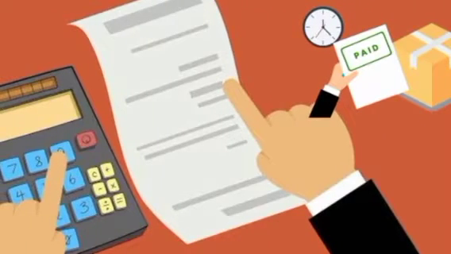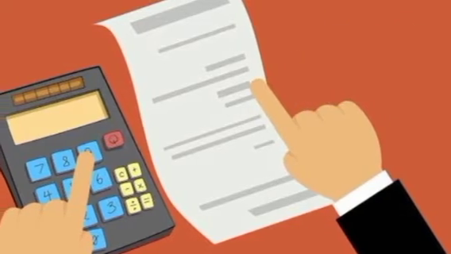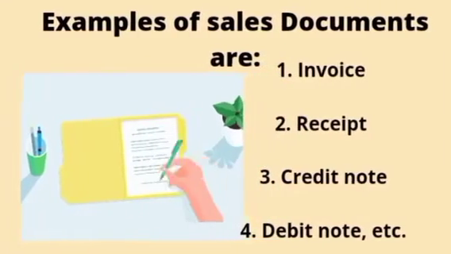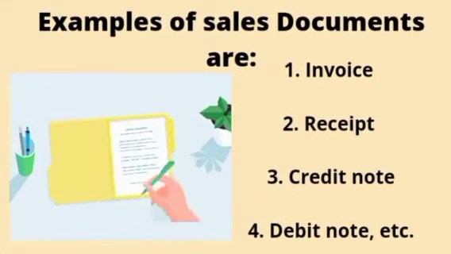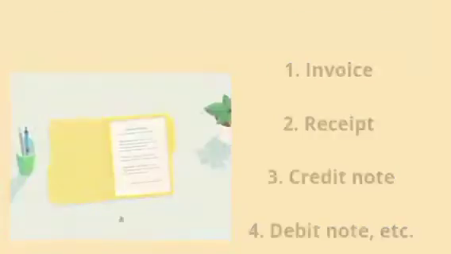The sales documents are many, but we shall be looking at a few of these. We have the invoice, the receipt, the credit note, the debit note, the delivery note, and other ones. Let's start with the first, which is the invoice.